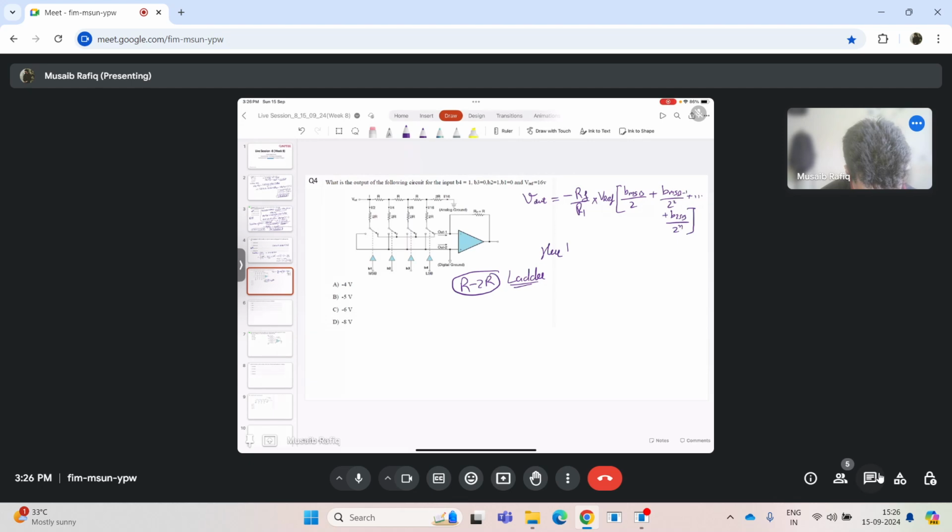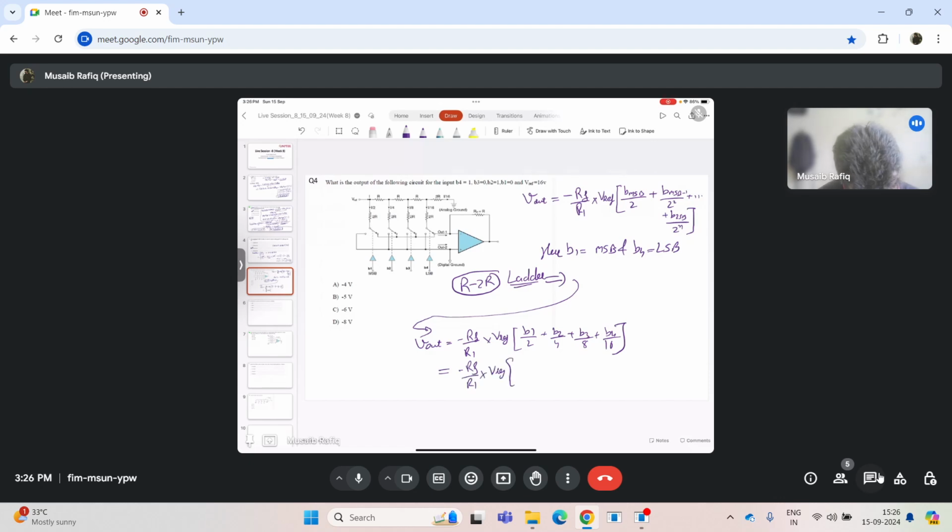Here B1 is your MSB and B4 is your LSB, right? That implies V out is nothing but minus Rf by R1 times Vref times B1 by 2 plus B2 by 4 plus B3 by 8 plus B4 by 16. Your B1 is 0, B2 is 1, so it is 1 by 4 plus 1 by 16.